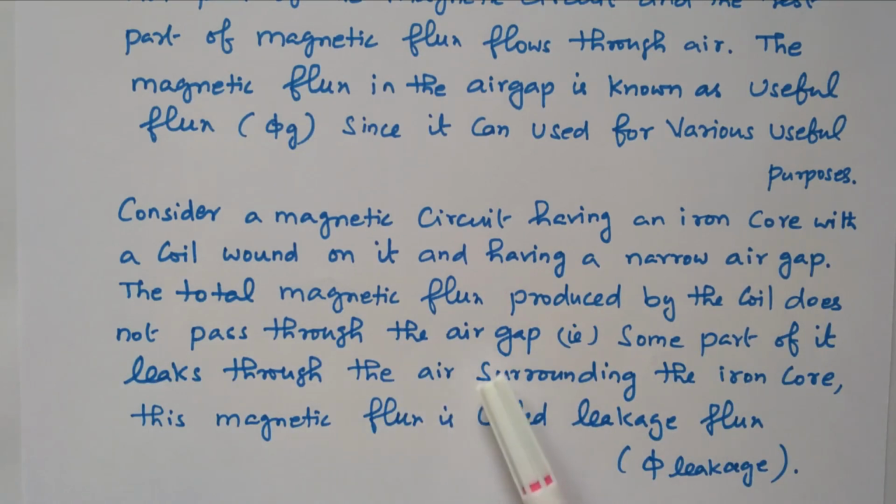Only some of the flux passes through the air gap. Some part of it leaks through the air gap, surrounding the iron core. So, that is called a leakage flux. Thus, the fluxes deviating from the desired path are nothing but leakage flux, that is given as phi leakage.